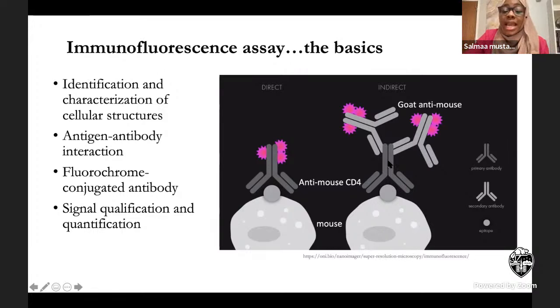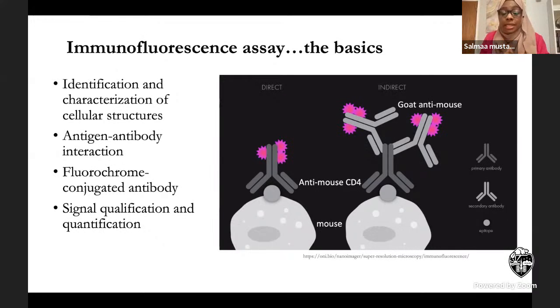So this one will be anti-mouse CD4, but your secondary antibody has to be something that recognizes mouse. Okay, so that's goat anti-mouse. It could be from rabbits, it could be from donkey. So what you're trying to look for is any antibody that's raised in something else, but recognizes a mouse protein.